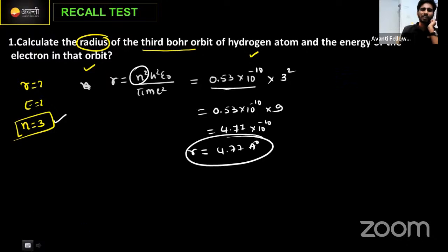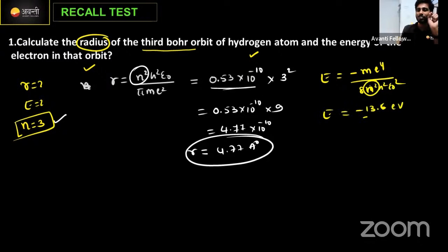For the second thing, similarly, energy value, how will you write the energy equation? Don't go again for a big formula. If you go through that formula, again you will get trouble. The formula is m e to the power of 4 divided by 8 n square h square epsilon naught square. But here, minus 13.6 electron volt divided by n square, the value will be 3 square.